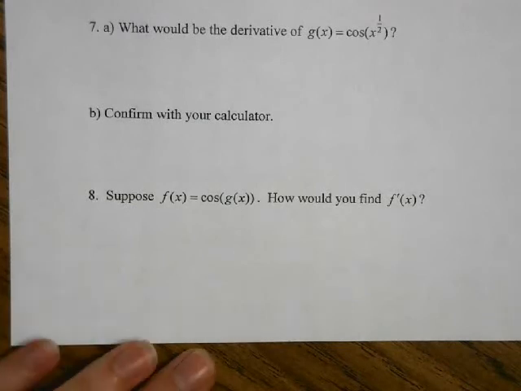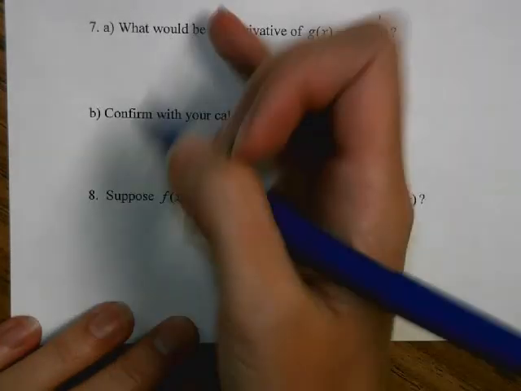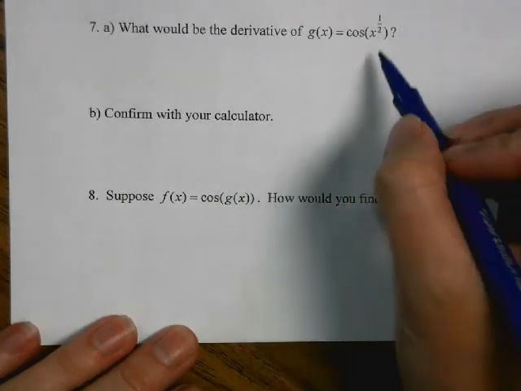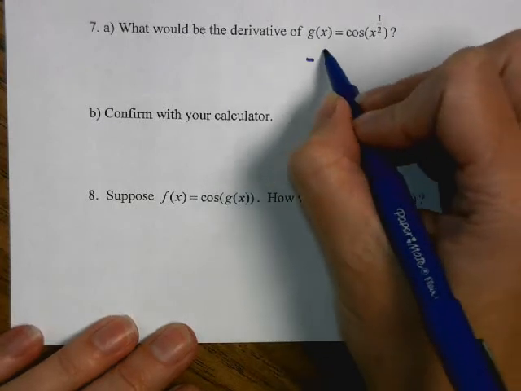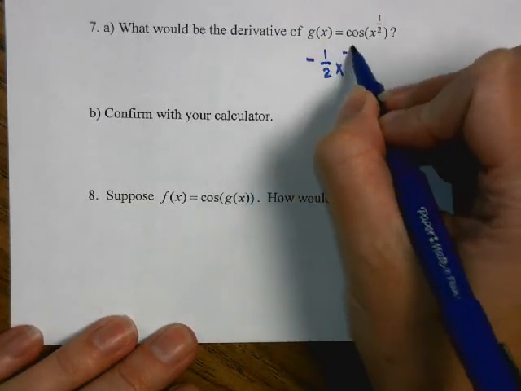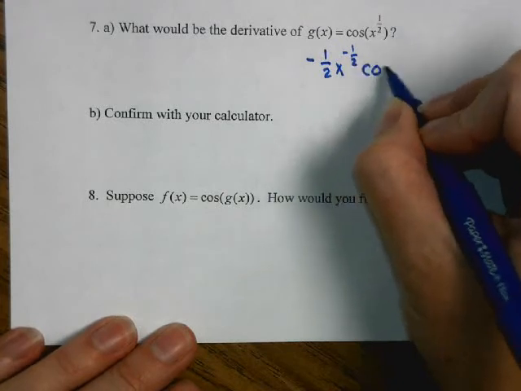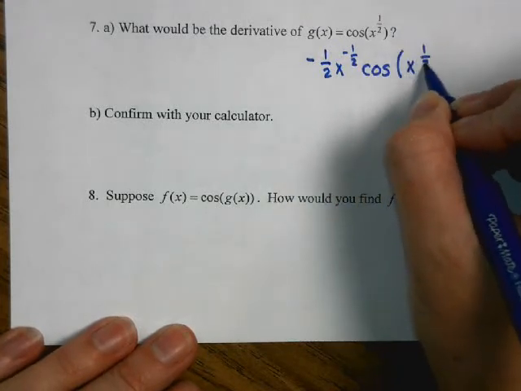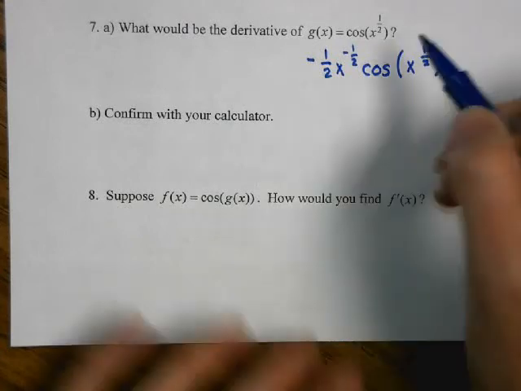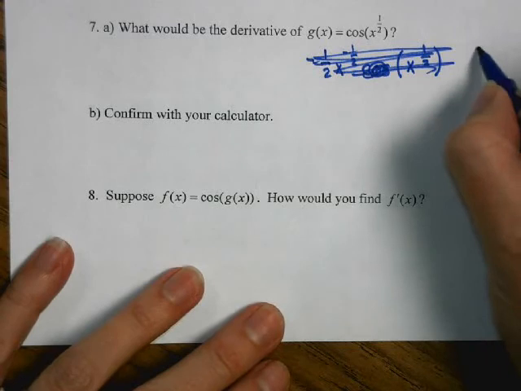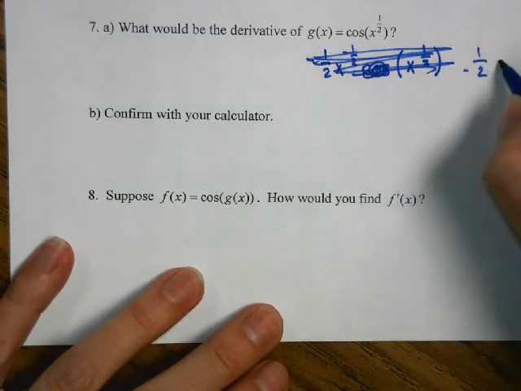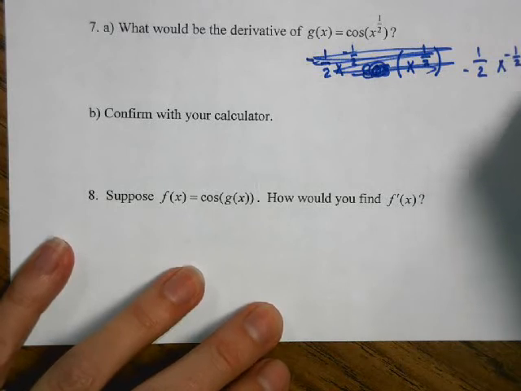So what would be the derivative of cosine of x to the 1/2? If we're multiplying by the derivative of the inside, then it would be negative 1/2 x to the negative 1/2 times sine of x to the 1/2.